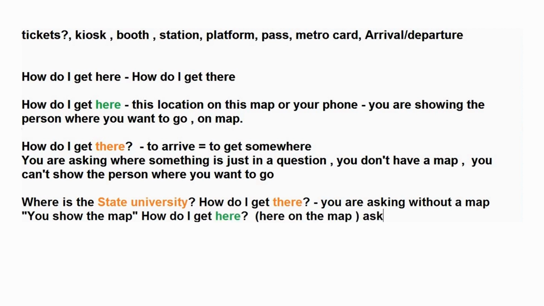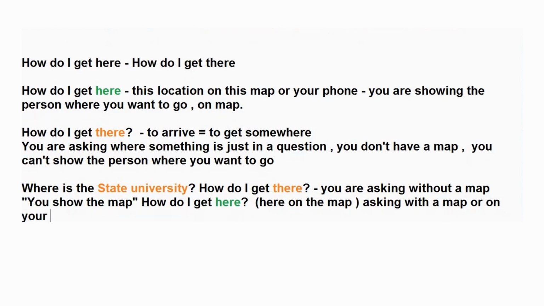So here when you're asking with a map or on your phone, I don't know, like an app, like Google Maps, okay? So one, you're showing the place. One, you're just asking, where's the state university? Where is it? How do I get there? Just with words, okay?